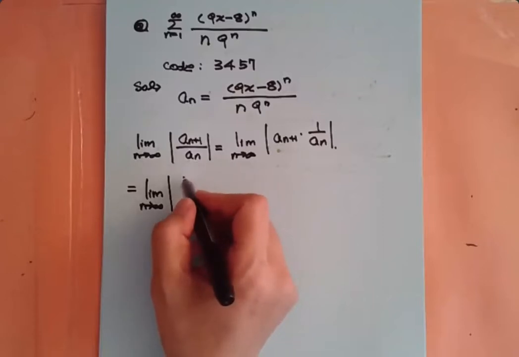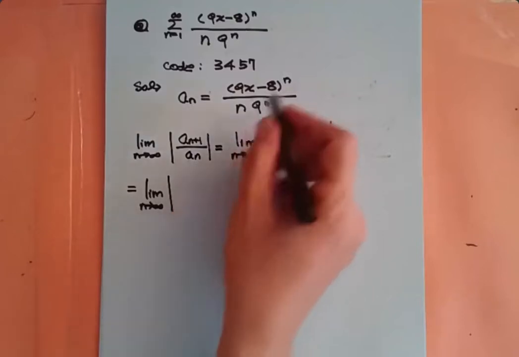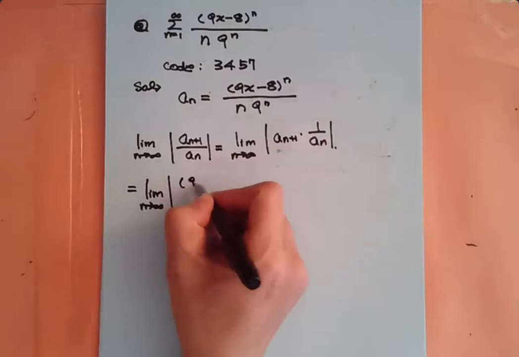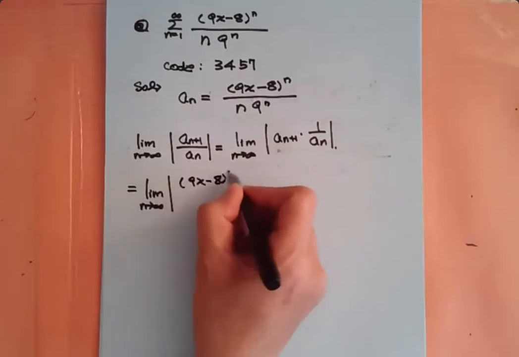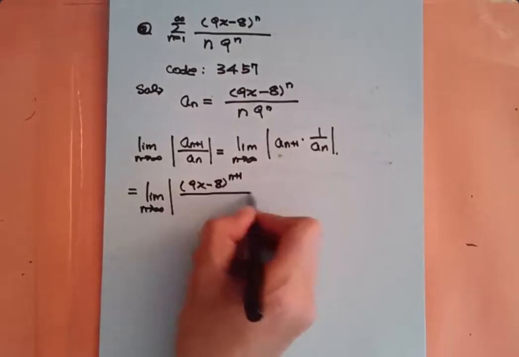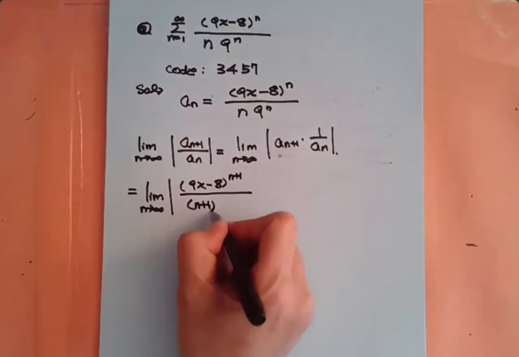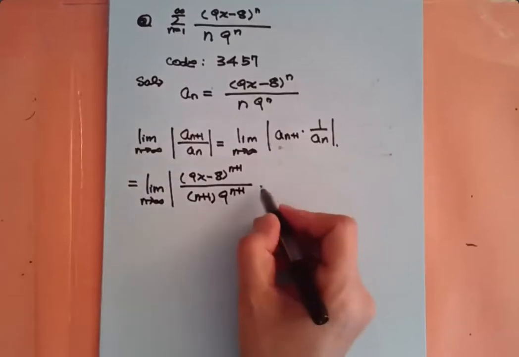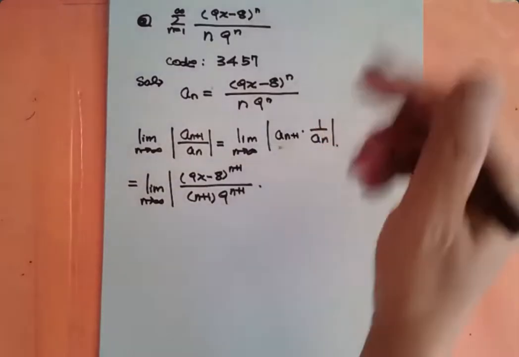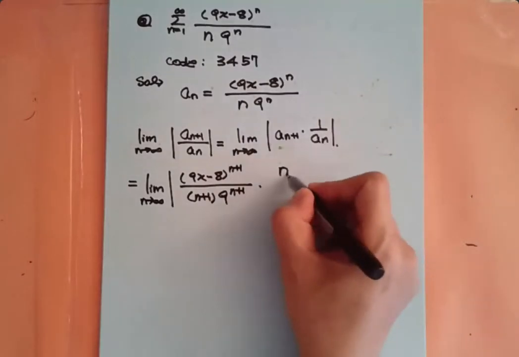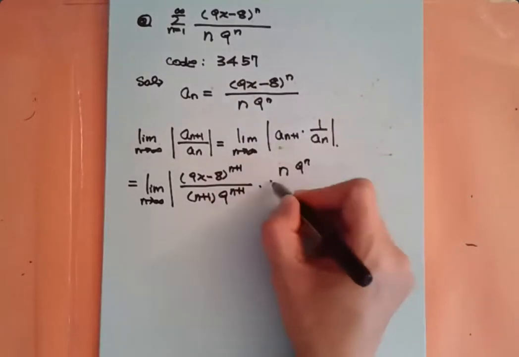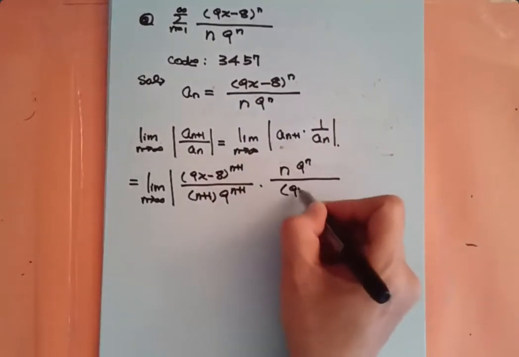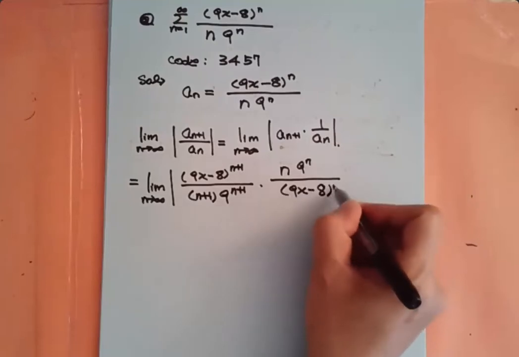Substitute n plus 1 for n. So (9x minus 8) to the n plus 1 power over n plus 1 times 9 to the n plus 1 power times, we flip it, then we have n times 9 to the n power over (9x minus 8) to the n power.